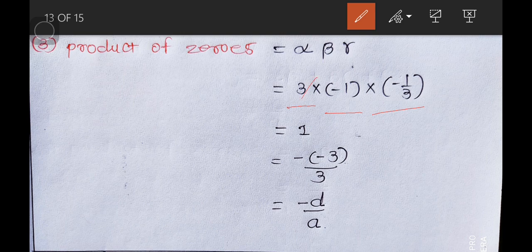The 3s are cancelled, minus minus equals plus, and we get at last 1, and we can write 1 as minus into minus 3 by 3. So the minus sign stays as it is, minus 3 is D and 3 is A. So here we verified the third relationship between zeros and coefficients of a cubic polynomial.